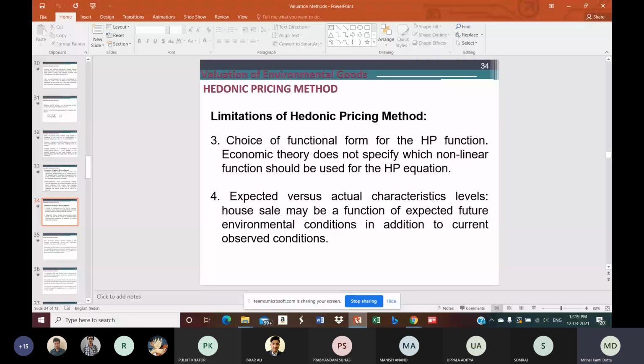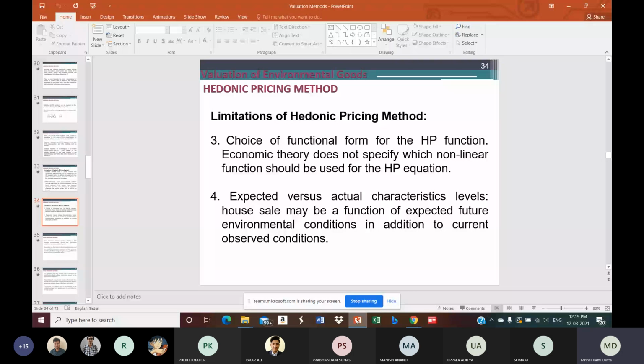It might so happen that a particular locality is quite quiet as of now, but the government proposes a certain plan, such as an urbanization plan, or new schemes or projects which might seriously impact the quality of environment in that locality. Then obviously in the future the environmental quality will not remain the same.